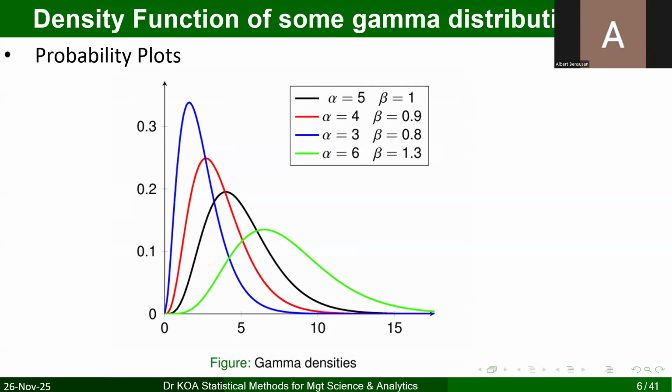It looks more normally distributed. I can't hear. It looks more normally distributed. Exactly. So what does that tell you? That we can approximate a gamma distributed probability density function to a normal distributed function when what happens?